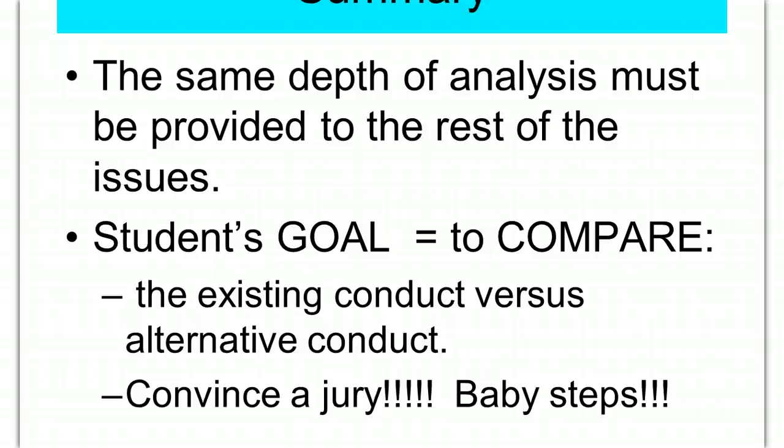And remember, your overarching goal when running risk utility is to simply compare the existing conduct, which we're arguing is negligent, with the alternative conduct that we are arguing the defendant should have taken. Always remember that you're writing to convince a jury. You need to take it step by step, baby steps, and thoroughly explain your thinking so a jury could follow and agree with you.